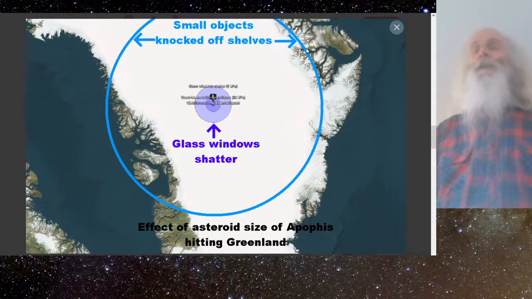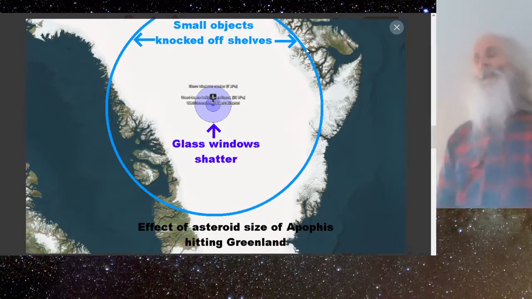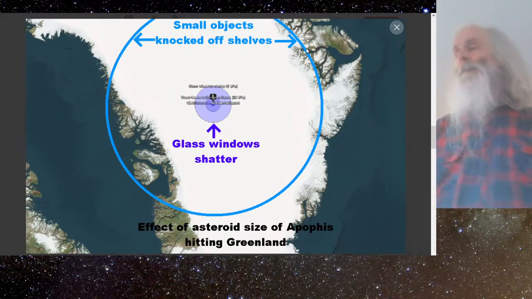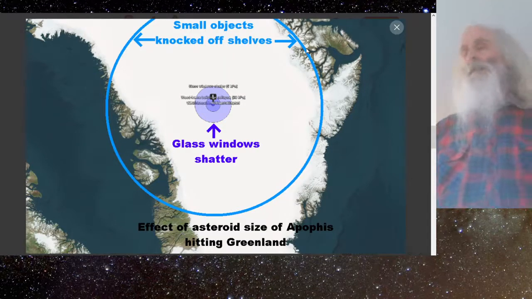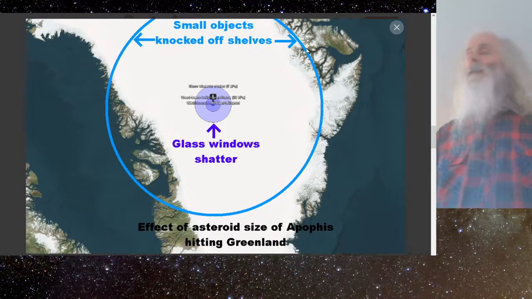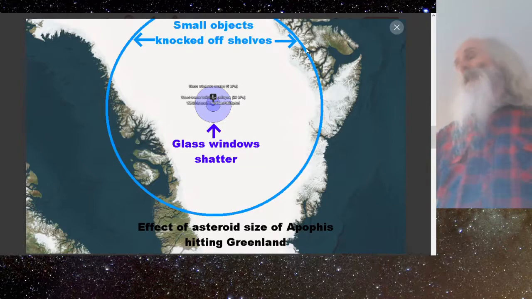So if you have an impact the size of Chelyabinsk, and suppose that happens every century, then for every 100 of those, which would be every 10,000 years, you'd expect about one to actually hit an urban area. And then you'd have a fair few that would have shockwaves that hit urban areas.